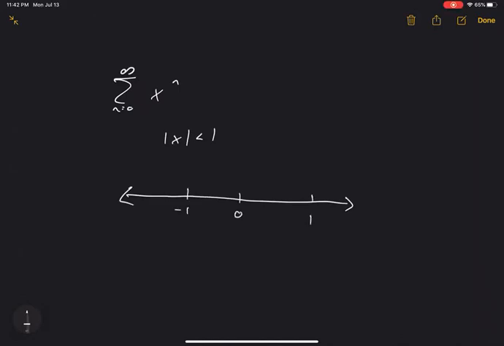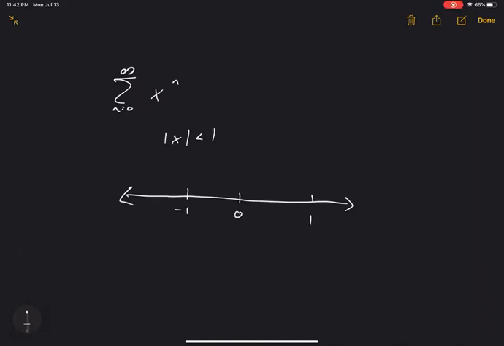So we had this series, this power series x to the n. And we kind of have stated that, okay, this is going to converge when the absolute value of x is less than 1. Okay. So let's say I have this number line. I got 0 right here. And then let's see, -1 here, +1 here.